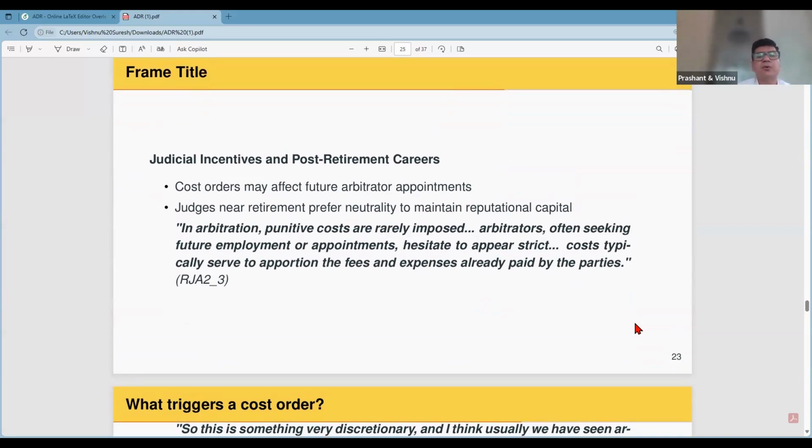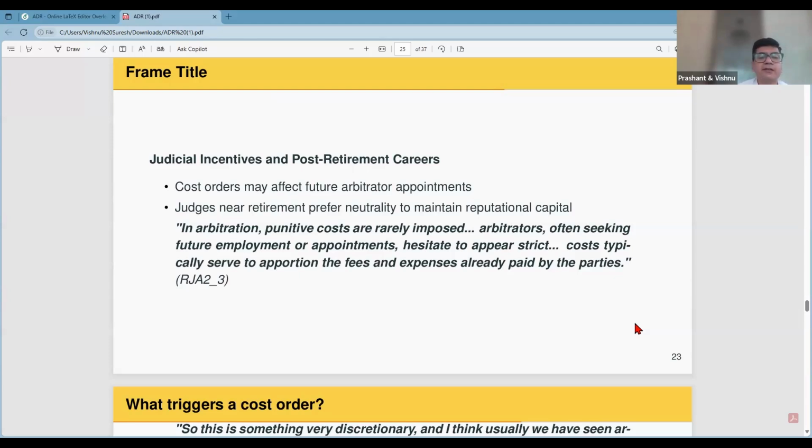The other thing is about post-retirement careers. So, cost orders may affect future arbitrator appointments, because the judges who are currently in the court will be retired soon. And then, they may also take up arbitration as their future career. And so these cost orders will create a perception of very harsh or strict judges, and it may have an impact on their career.